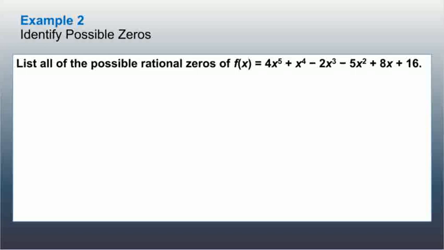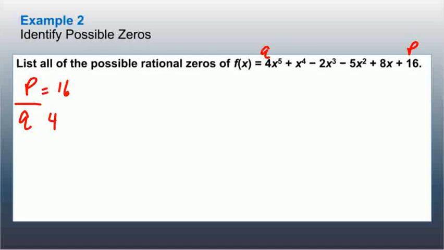So here we're going to list all the possible rational zeros of f of x. This is our p, this is our q. So if we have p divided by q, this is 16, and this is 4.